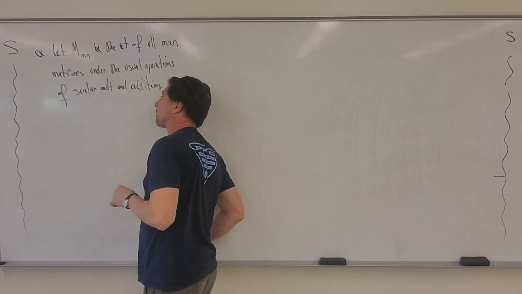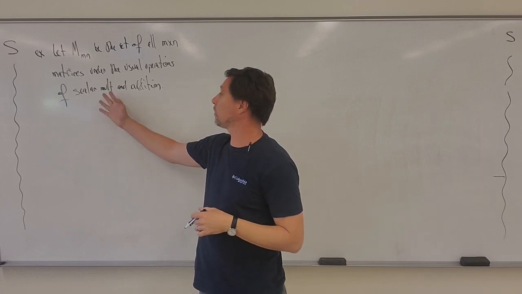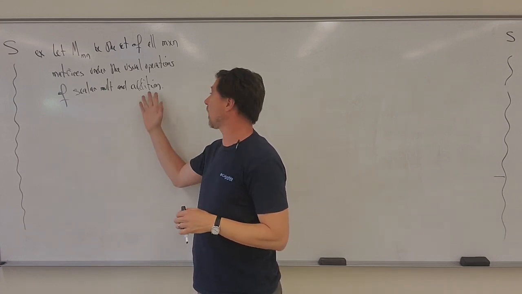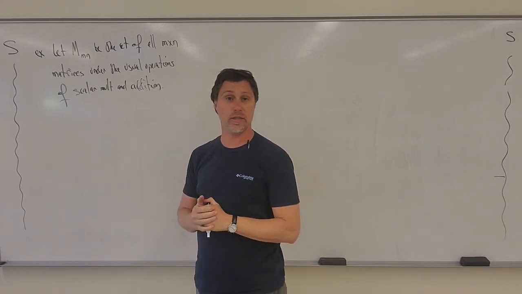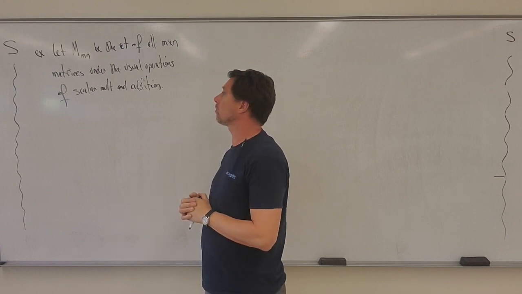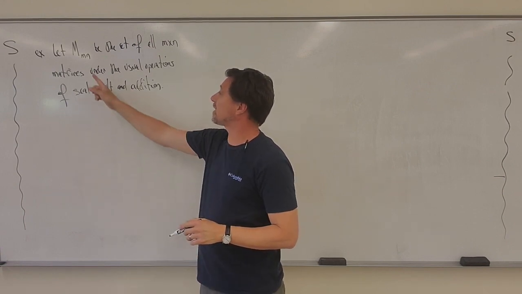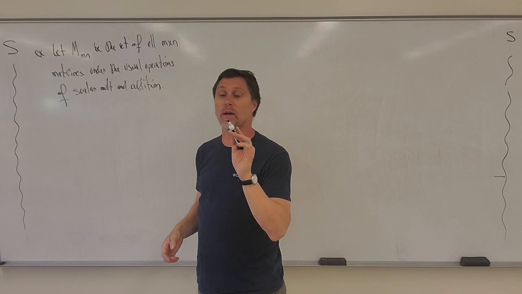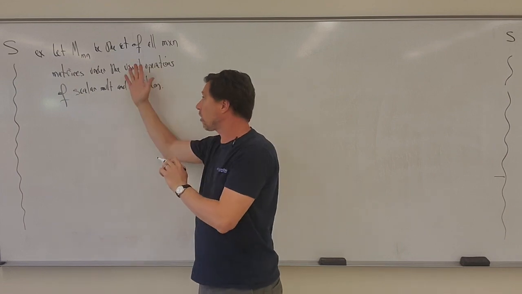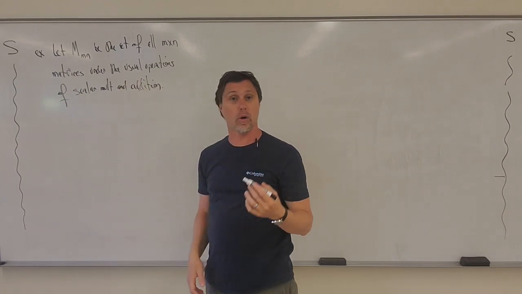Right, so back in chapter 1, we talked about what it means to do scalar multiplication with a matrix. We talked about what it means to add two matrices together. So now I want to take the set of all of them, and it turns out this set right here, under our usual operations, forms a vector space.